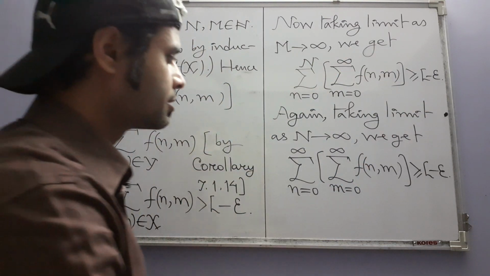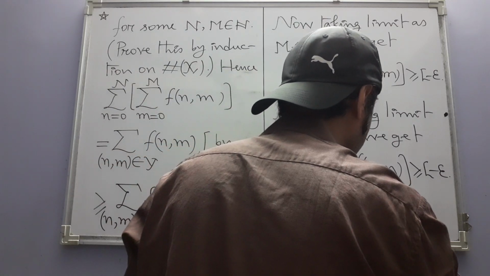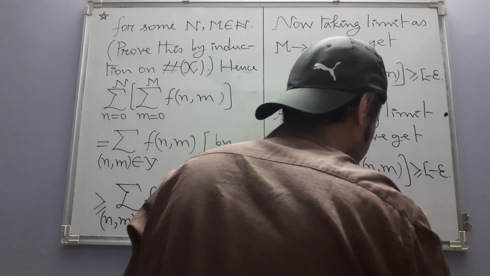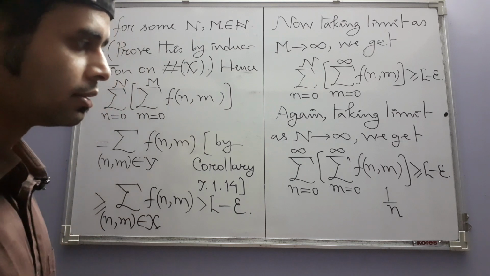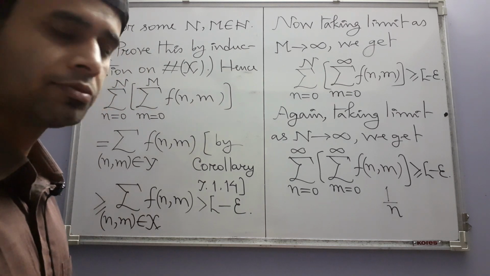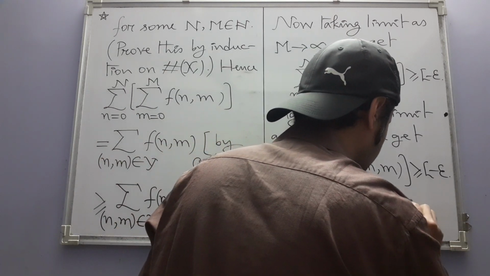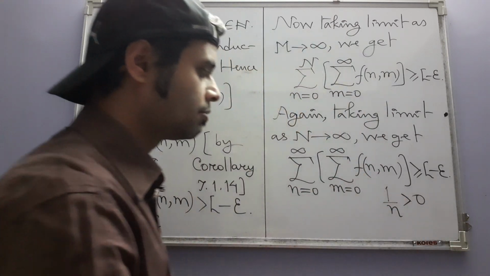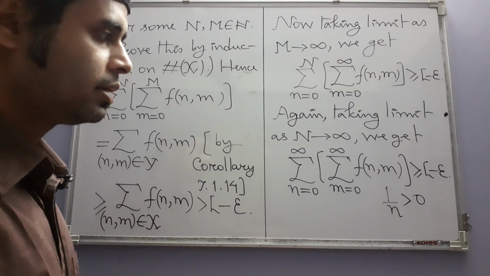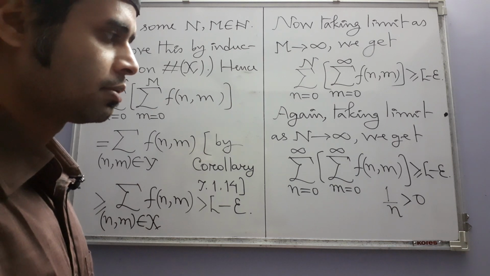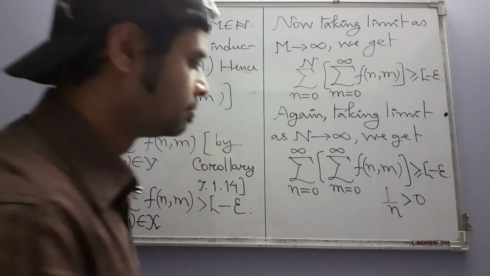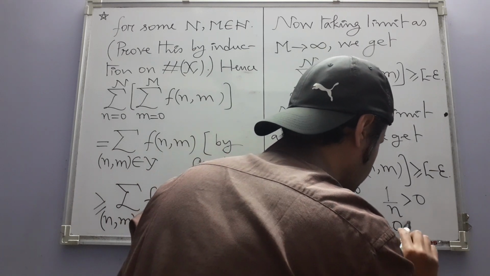Let me give you one example. You already know that the sequence 1 over n, where n is a positive natural number, is a convergent sequence. And you also know that all the terms of this sequence are strictly greater than 0. But what happens when you take limit? You get 0.